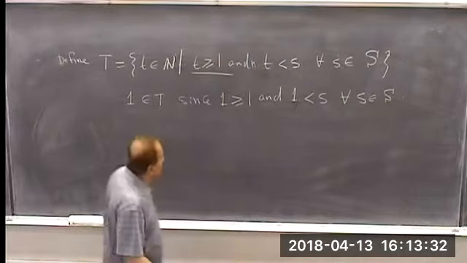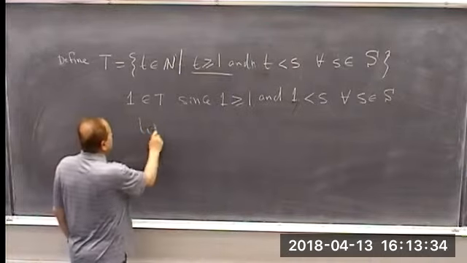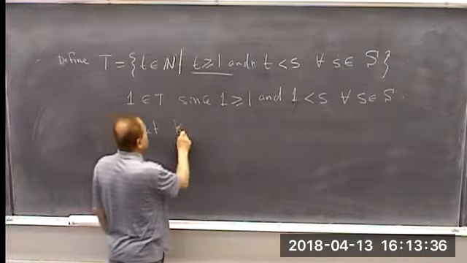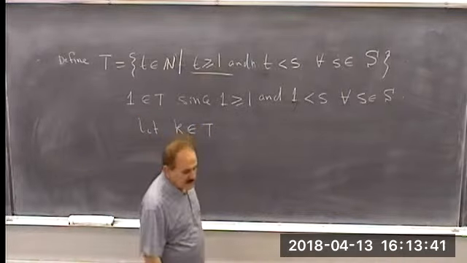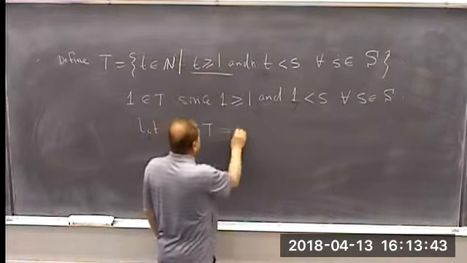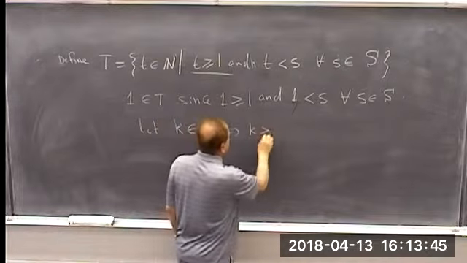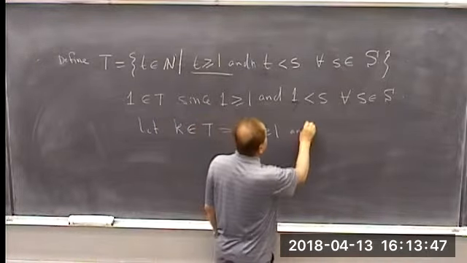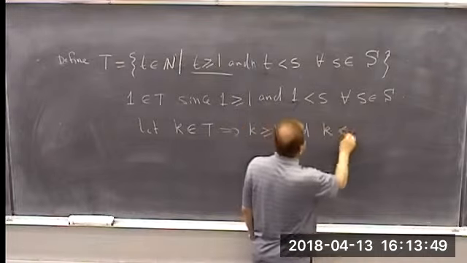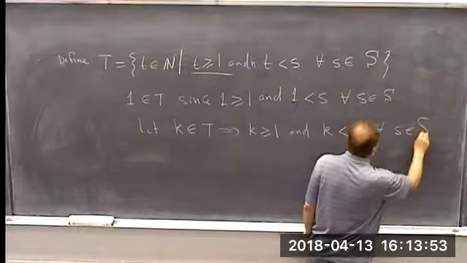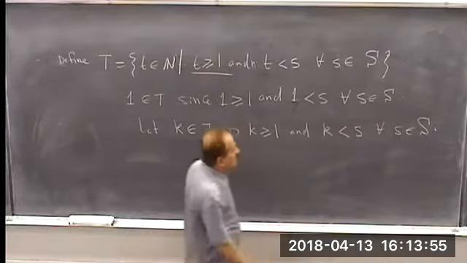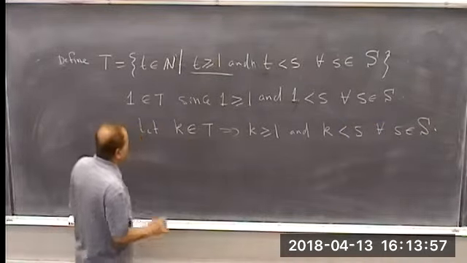All right. Now with this, let's take an element k in T. And again, this implies that k is bigger than or equal to 1, and k is less than s for every s in S. Now I make the following assumption.